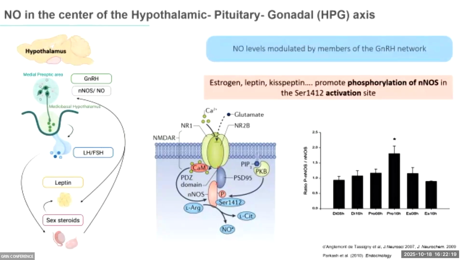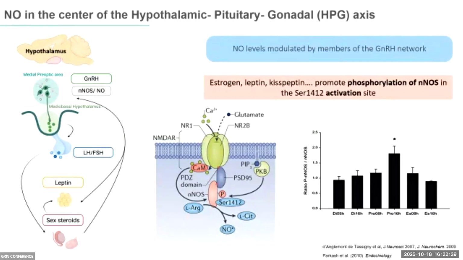And this is something that can be modulated by all these members of the degenerate network that I previously mentioned, meaning that all of these, estrogen, leptin, kisspeptin, and many more, like insulin even, can promote the phosphorylation of nitric oxide synthase in this residue, meaning that they can control the activation of the enzyme.